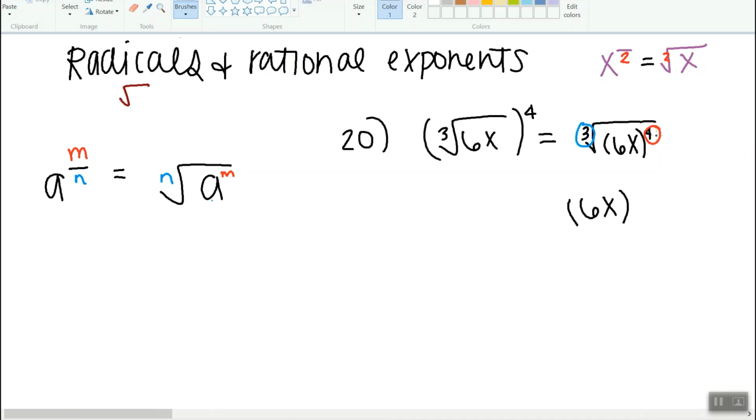My exponent, as I said, my numerator is a 4, denominator is a 3. And just to remind you, if I didn't have those parentheses there, then I would be saying that this exponent only applies to the x, and that's not true. That exponent applies to the 6 as well. So that is how you would write this in exponential form.